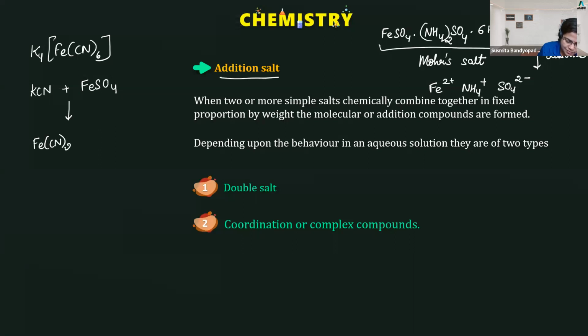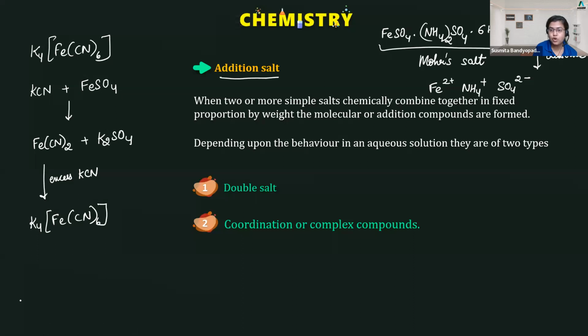I'll get Fe(CN)2, in which again I'll add excess of KCN such that I get K4[Fe(CN)6].